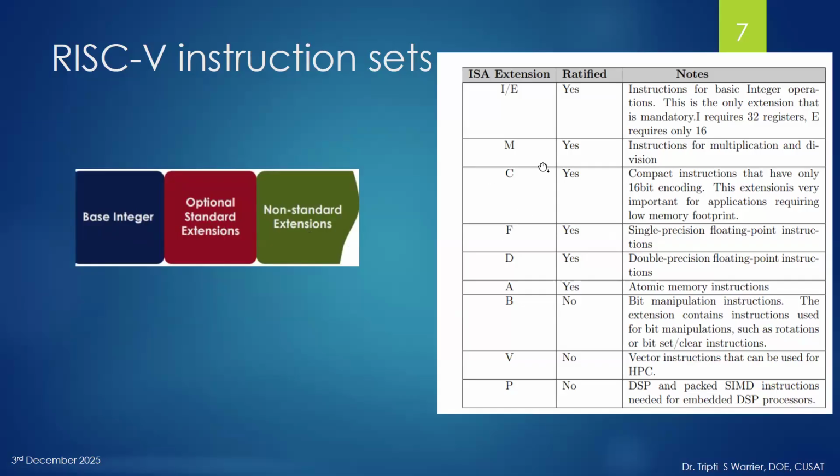On the right-hand side, there are a number of different optional extensions, defined as standard by the RISC-V community, which include multiplication and the compact instruction set. If you are looking at embedded with a high code density requirement, you may use the base plus the compact instruction set as an ISA, and then design hardware for it. Then we have single precision and double precision extensions, atomic memory extensions, bit manipulation, vector extensions, DSP, and packed SIMD extensions, etc.